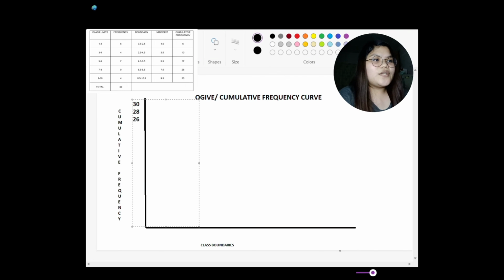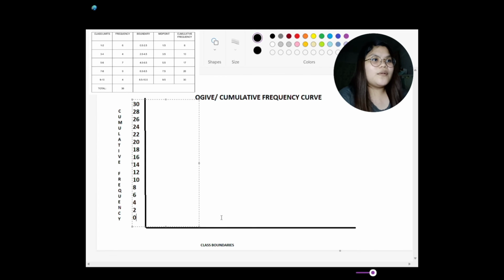To construct an ogive, we need to use the cumulative frequency and class boundaries. So, the cumulative frequency goes to the y-axis. The highest cumulative frequency is 30, so I'm going to label them starting from 0 to 30.